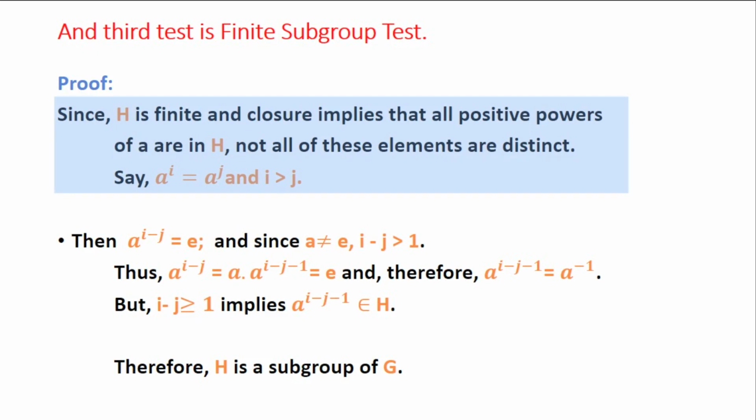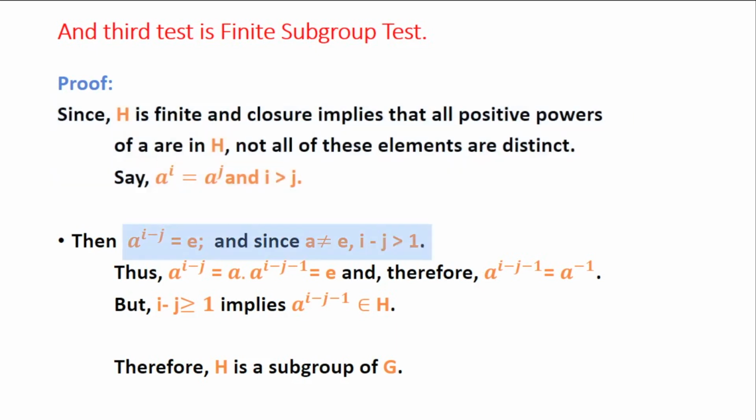Say a to the power i is equivalent to a to the power j and i is greater than j. Then a to the power i minus j is equivalent to e. And since a is not equivalent to e, i minus j is greater than 1.